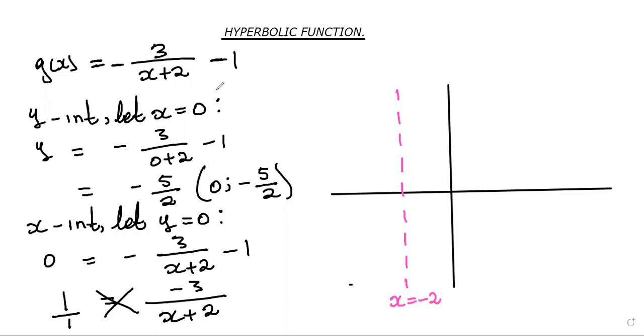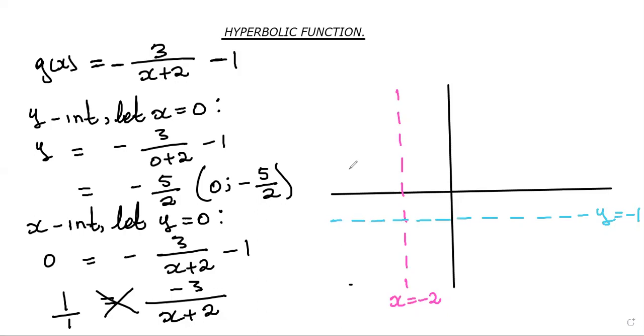What about the horizontal asymptote? So it's y equals negative 1. Something like that. Then you just label it and tell them y equals negative 1 like that.